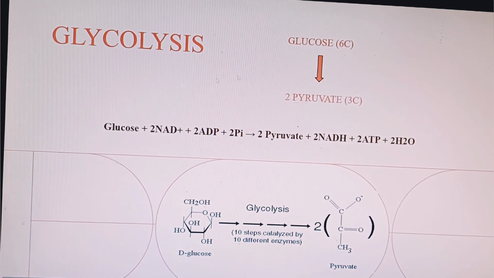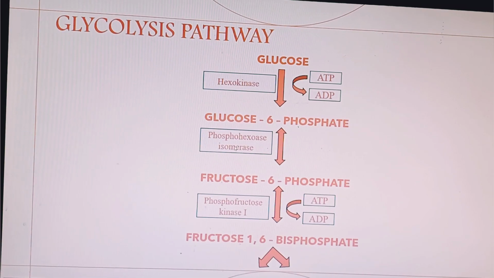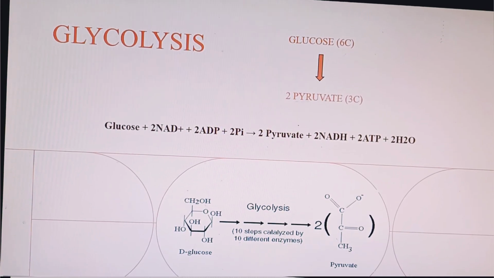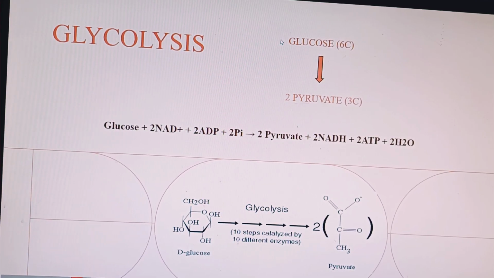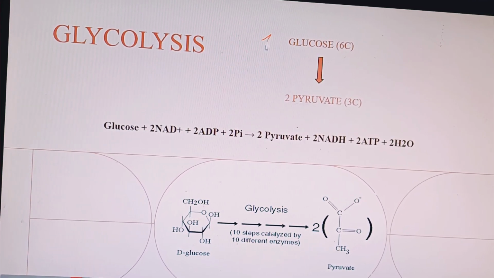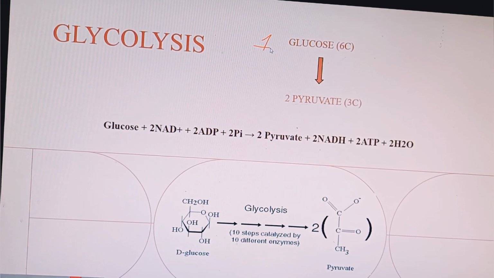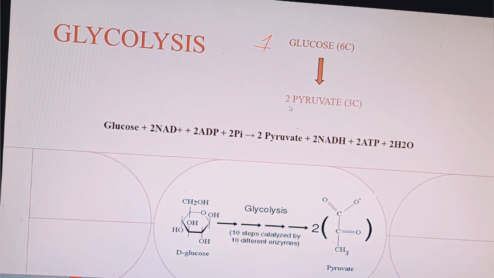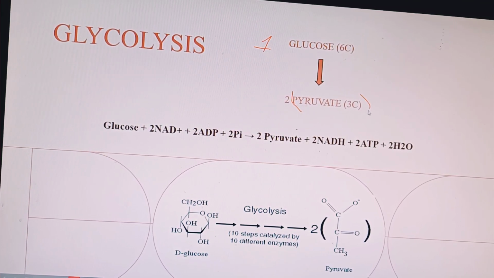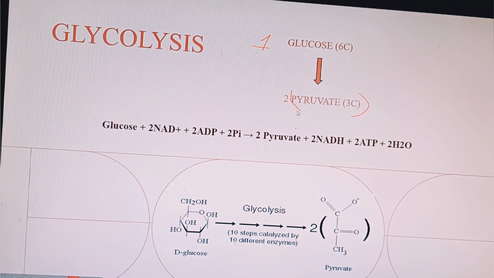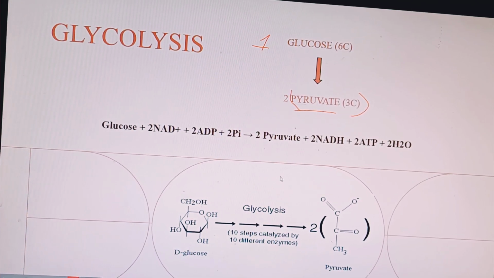As we all know, glycolysis is the initial stage of carbohydrate metabolism, which occurs in the cytoplasm of the cell. It involves the breakdown of the glucose into pyruvate. We know that one molecule of 6 carbon glucose gets converted into 2 molecules of 3 carbon pyruvate in the process of glycolysis.